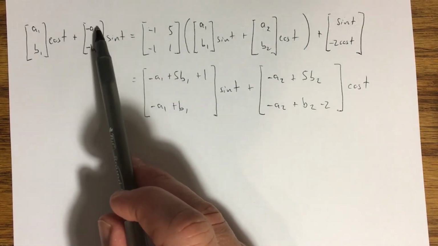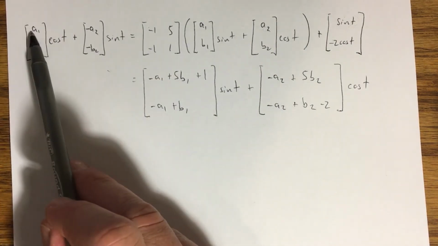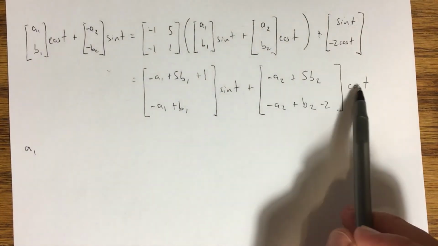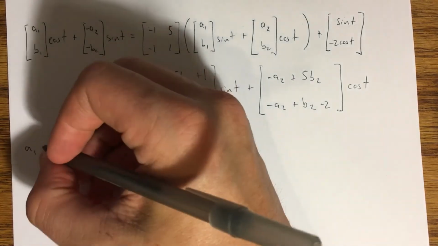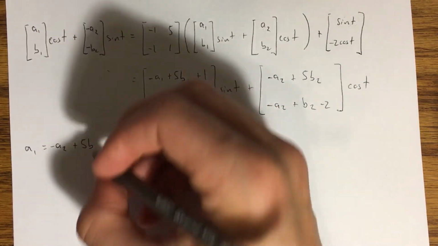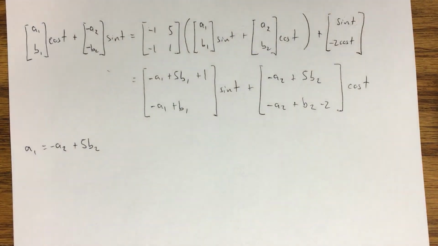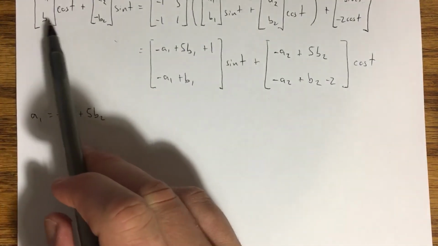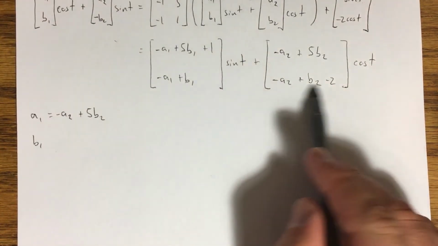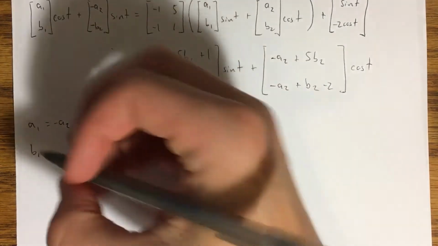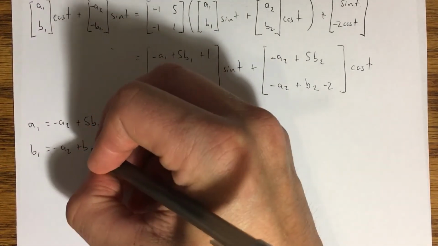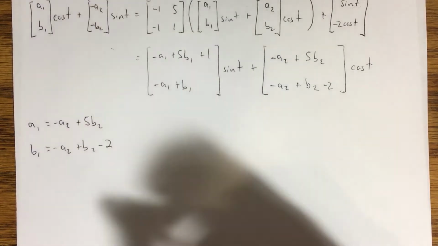And let's see what we have. Let's start with the cosine. A1 should be equal to the top entry in my cosine matrix, so negative A2 plus 5B2. Okay, and then I'll equate the B1 to the second entry in this matrix. That's B1 equals negative A2 plus B2 minus 2.